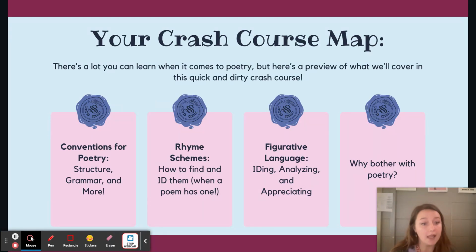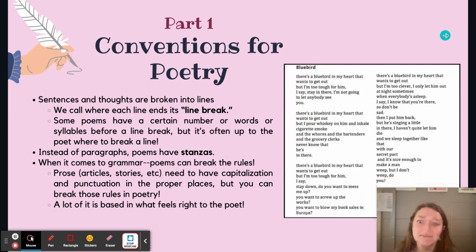But how do we find out what a rhyme scheme is and how do we identify that pattern? We're also going to look at figurative language. When people say things that they don't mean literally, how do we identify it? What are the names of the kinds of figurative language we'll see in poetry? And how do we analyze and appreciate that? And then I will vent about why we even bother with poetry, why people even bother writing it.